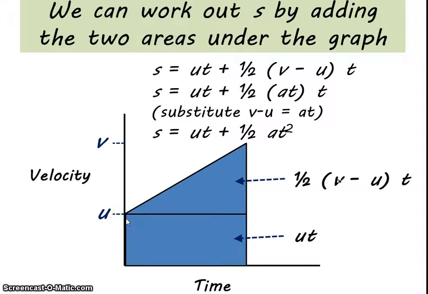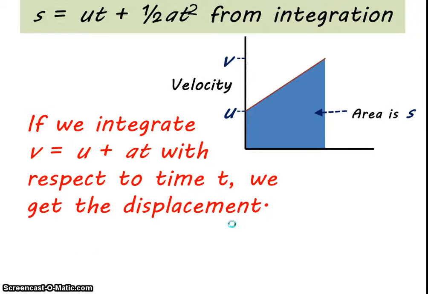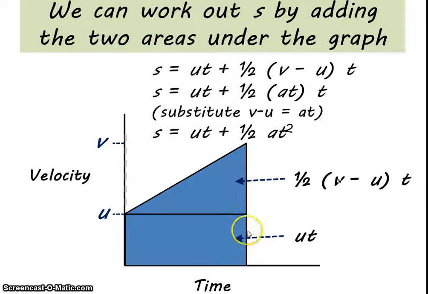We can work out the displacement by taking the two components of the graph. So we have this component here and we have this component here. Now the area of this part of the graph is just the initial velocity multiplied by the time, so ut.